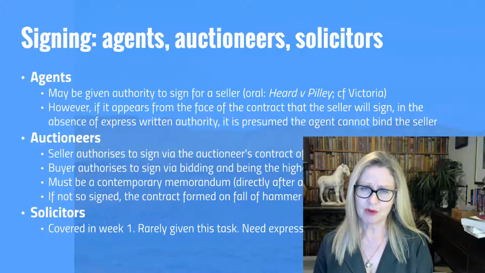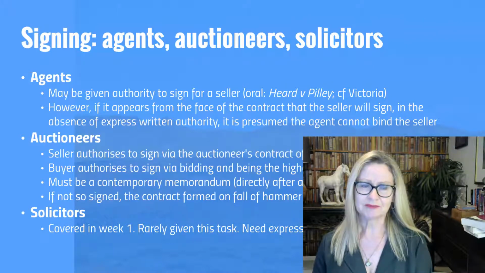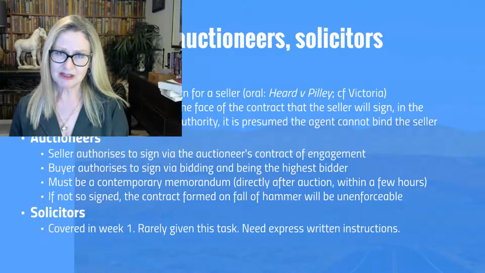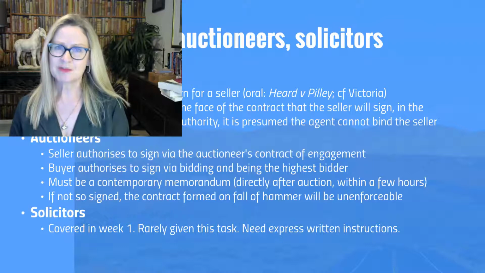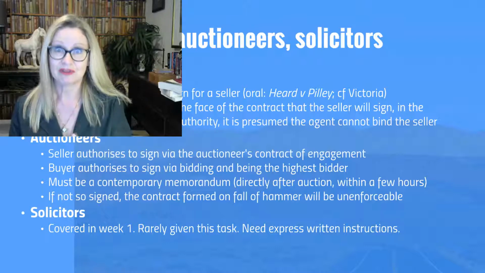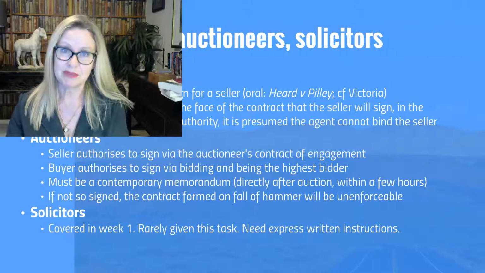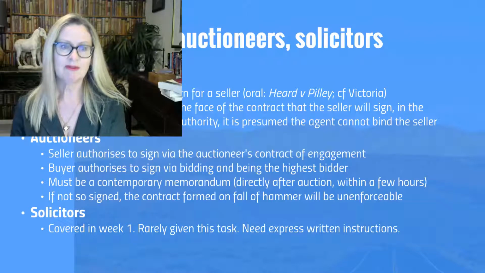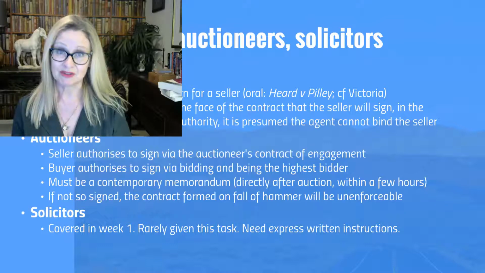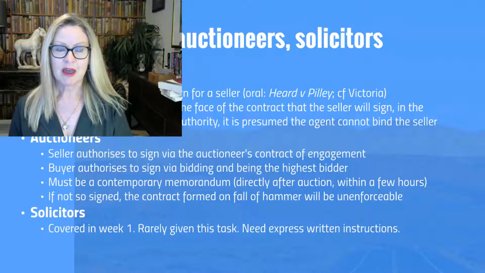Auctioneers are probably the most common, and as you'll remember from contract, the seller's authority for the auctioneer to sign will be granted via the auctioneer's terms of engagement. In terms of the buyer authorising the auctioneer to sign, just by going through that whole auction process, registering to bid and then actually bidding and being the highest bidder, then having the hammer fall, all of that authorises the auctioneer to go ahead and sign for the buyer if for some reason the buyer does not wish to do so afterwards.